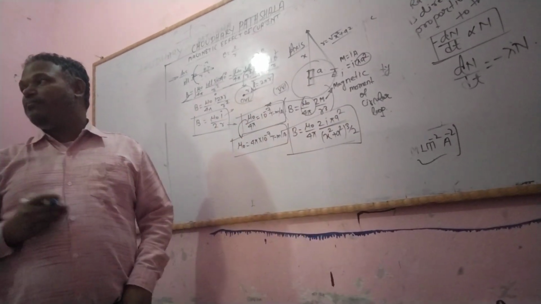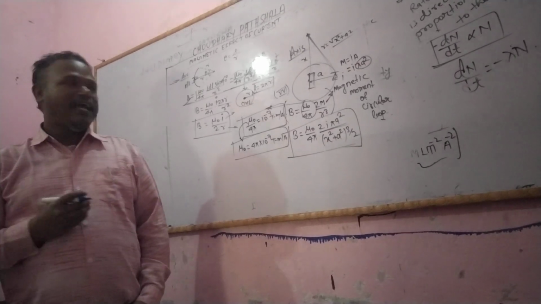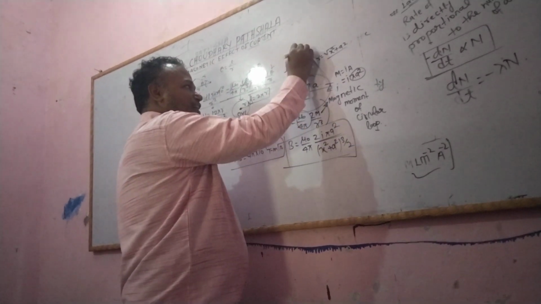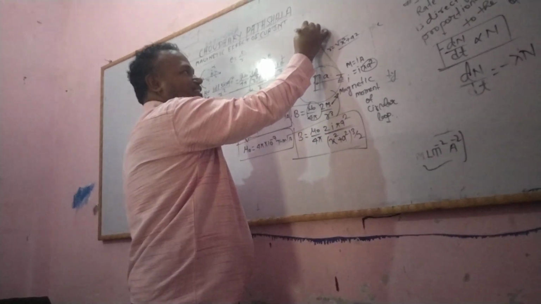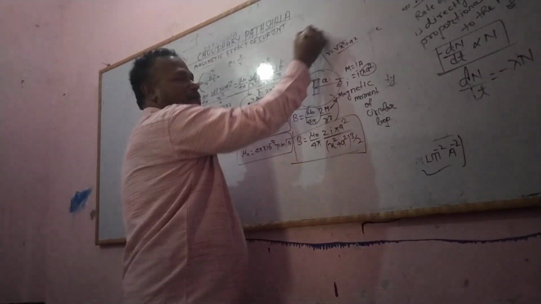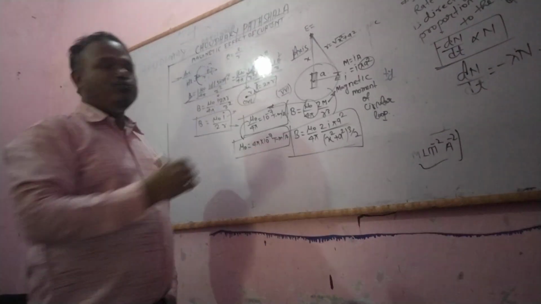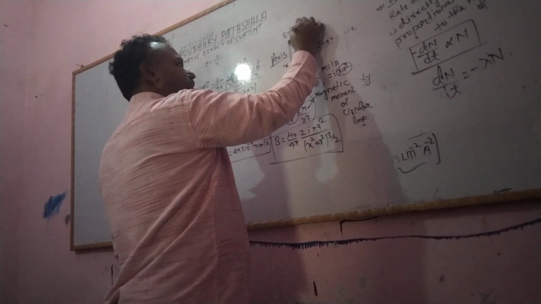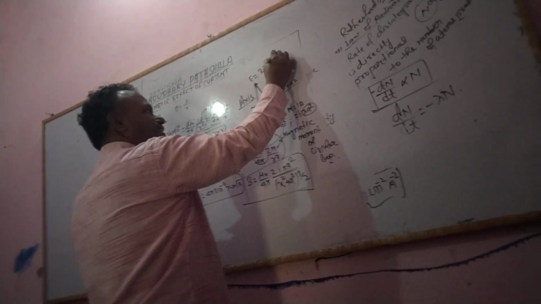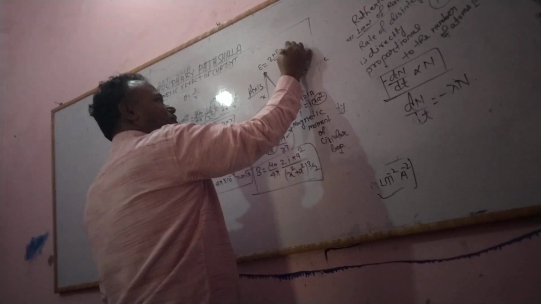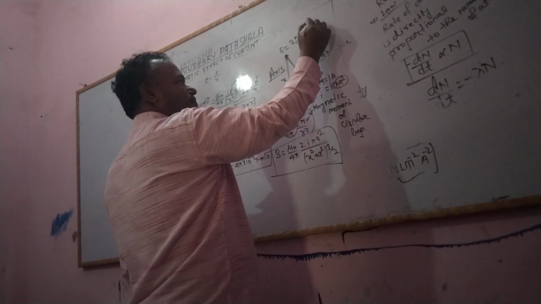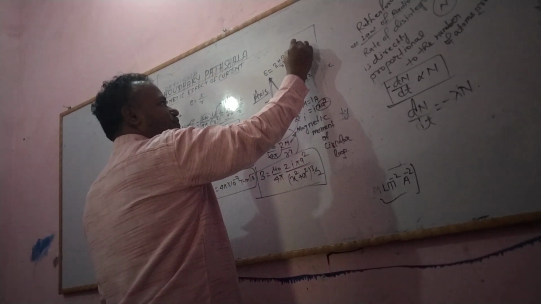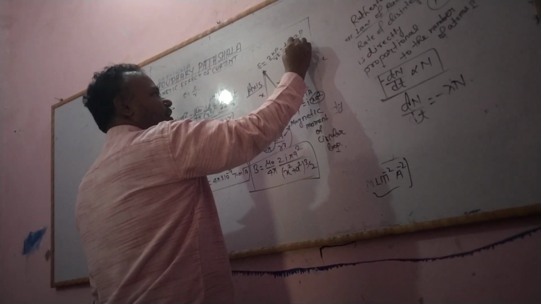A circular loop is equivalent to a magnetic dipole, and due to an electric dipole the electric field at the axis was 2kp upon r cube, or we can say 1 upon 4 pi epsilon naught, 2p upon r cube.